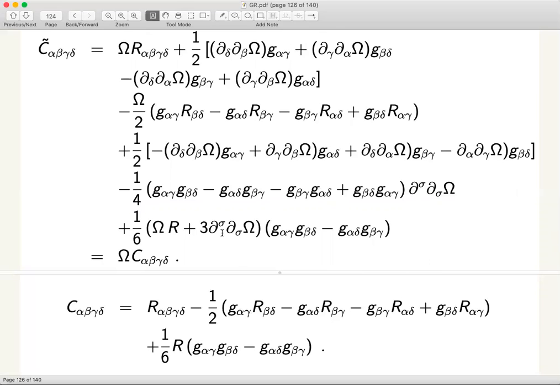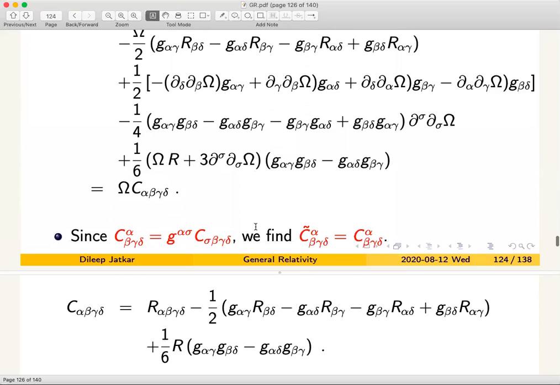the Weyl tensor with one contravariant index is conformally invariant. But what we have shown is that the Weyl tensor with all covariant indices in fact scales as omega.